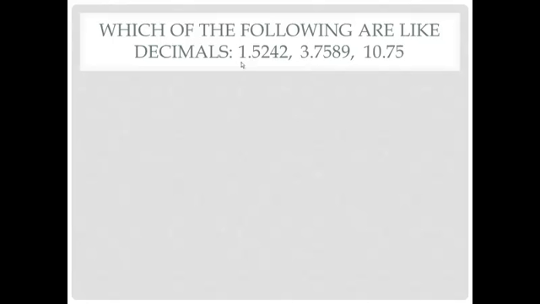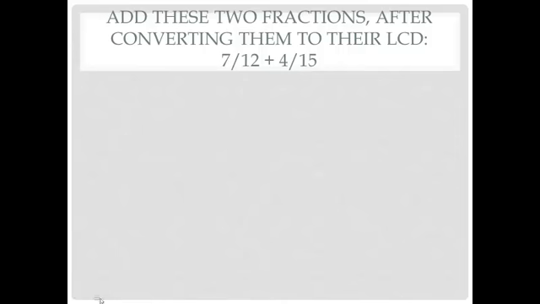So therefore, the first and second numbers are like decimals. Again, like decimals have the same amount of numbers after the decimal. Like fractions have the same denominator.